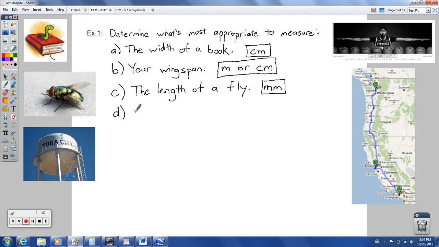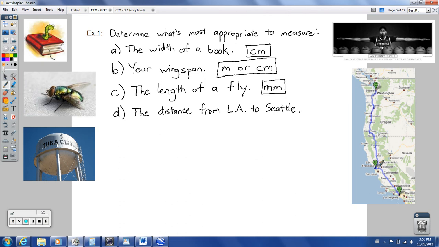How about the distance from LA, Los Angeles, to Seattle? So you can see that over here on the map. So here's LA. Looks like making a stop in San Francisco and then going to Seattle right there.